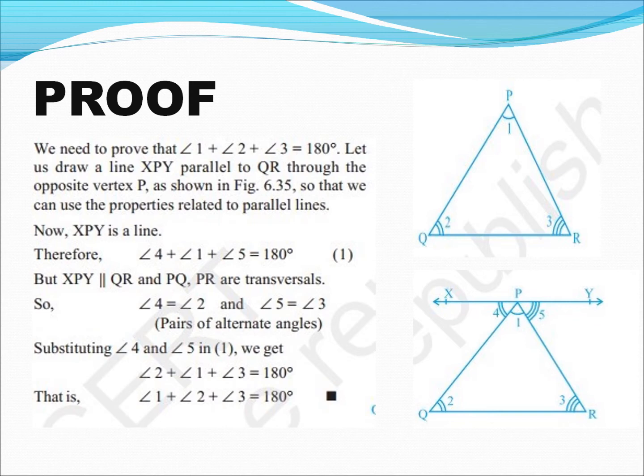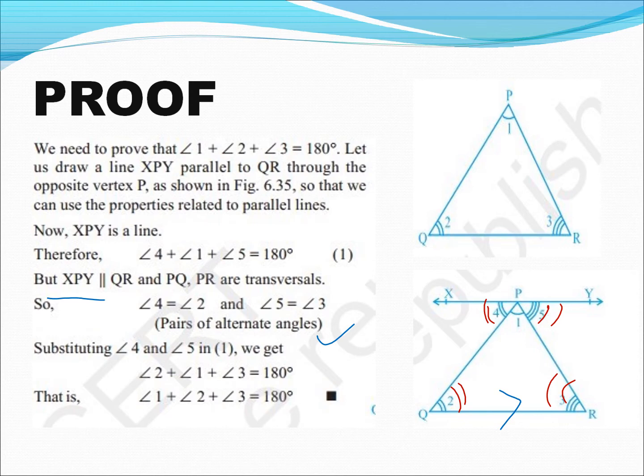So we draw a straight line XPY which is parallel to QR, and PQ and PR will act as transversals. Can you write down angle 4 equals angle 2 and angle 5 equals angle 3? Yes, of course. They are a pair of alternate interior angles, and you know that alternate interior angles are always equal.